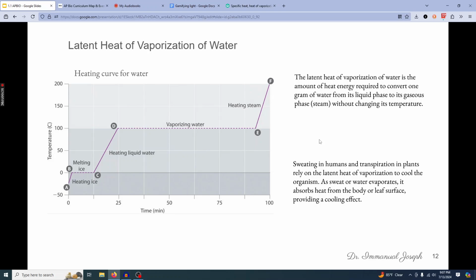So it's taking the heat from your skin so that it can evaporate and become steam. In the process, because it has taken the heat out of your skin, your skin is now cooled down. So that's one of the beautiful applications of how a chemical property translates into a biological characteristic.